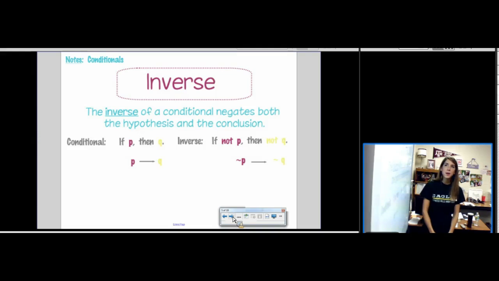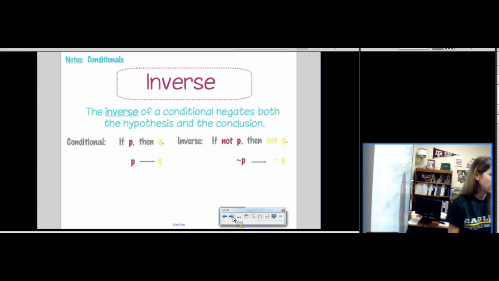Okay, so the next word, number 7, is inverse. Kind of sounds like converse, but it starts with an I. Inverse. The inverse of a conditional chooses to negate both the hypothesis and the conclusion.